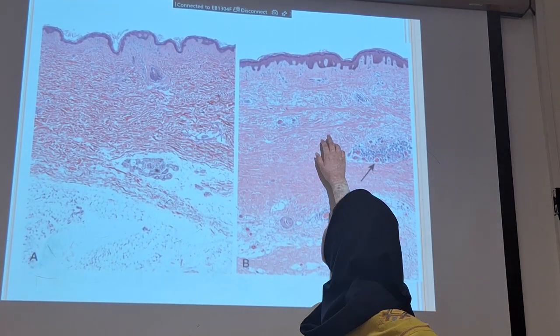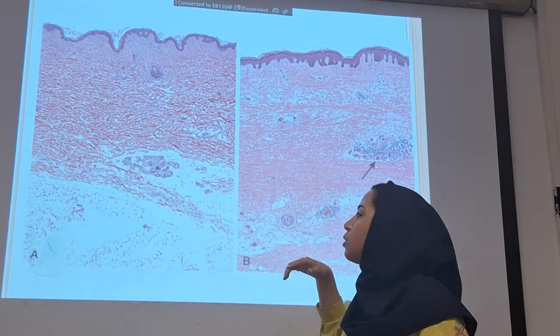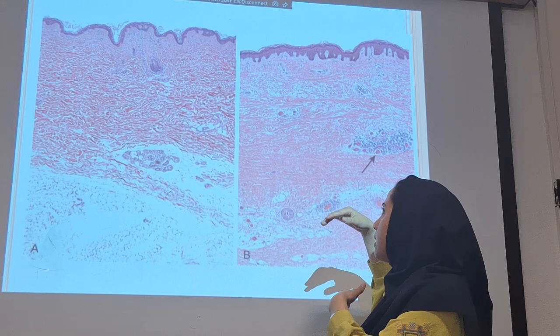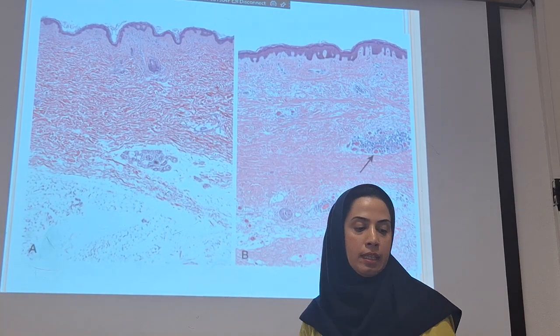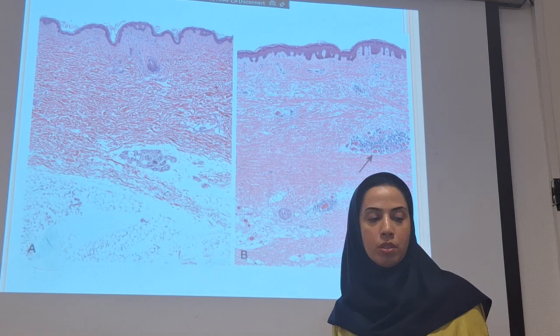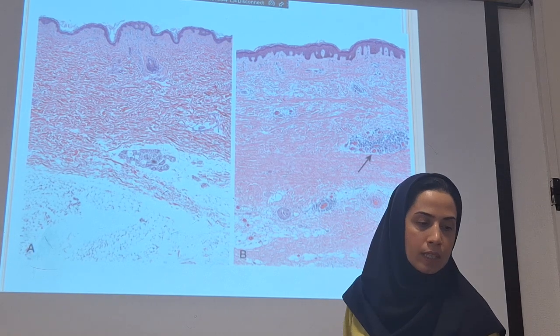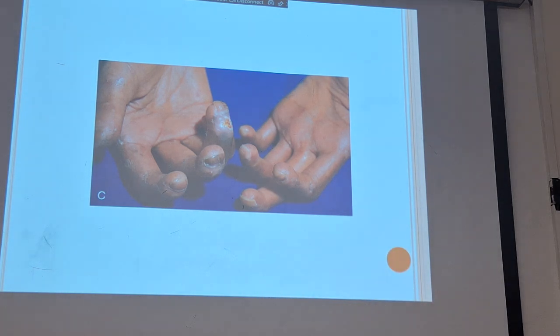Compare the thickness of collagen fibers here and here. So we have more collagen, thick collagen, and this is what we see in skin sclerosis due to, for example, scleroderma or systemic sclerosis.